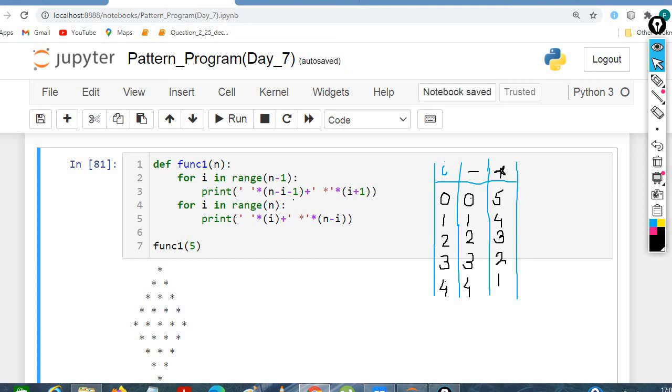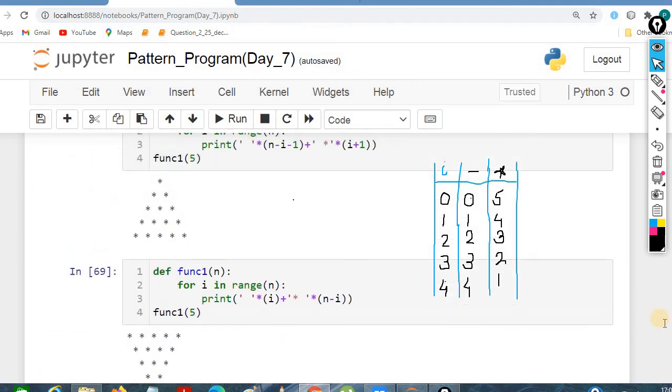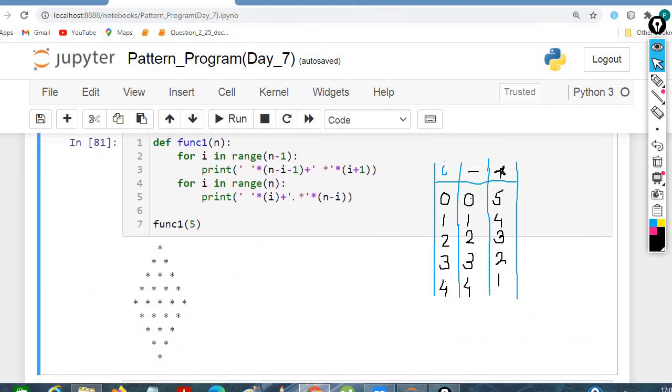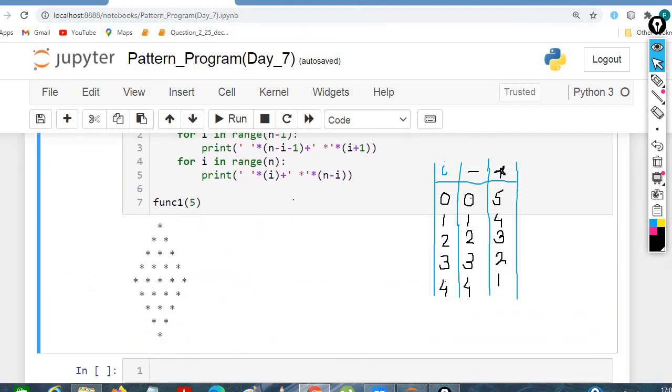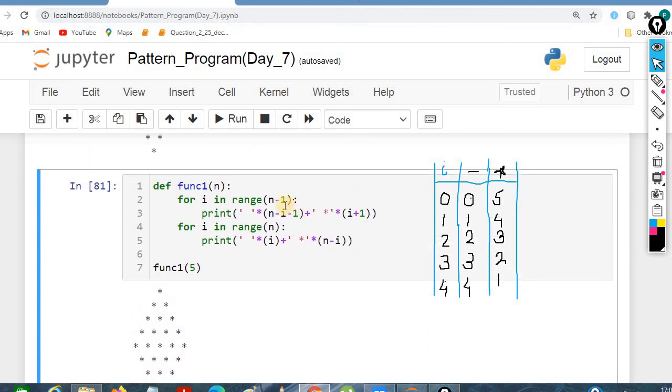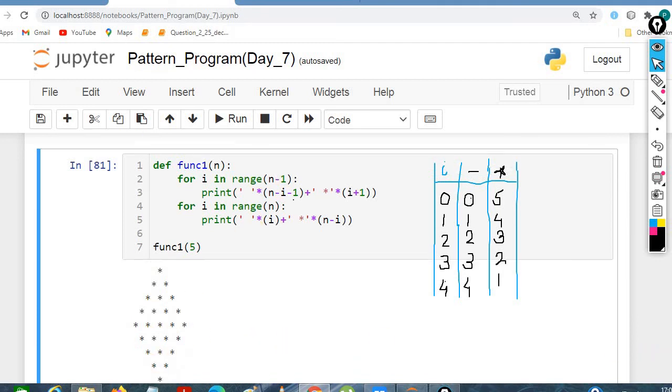Now for the next code, what we are doing is combining the previous 2 programs, the pyramid and the inverted pyramid. The same logic is put there, but in this we are doing n minus 1 for the first iteration so that we can get the exact result we want.